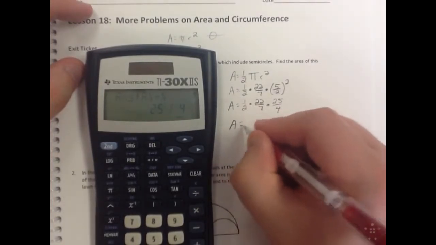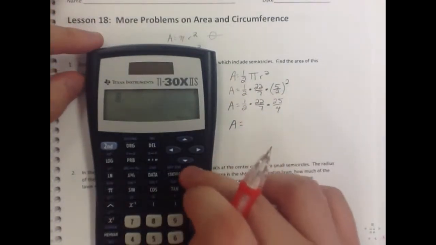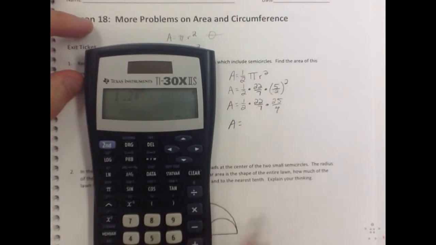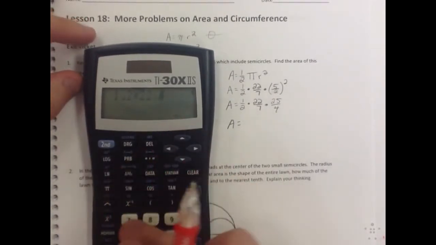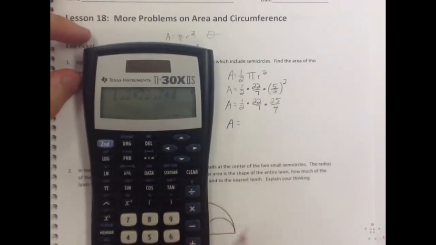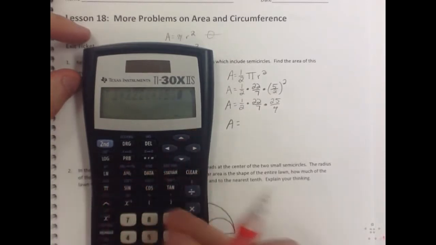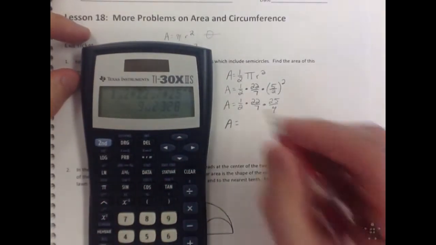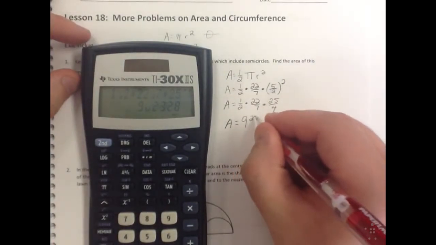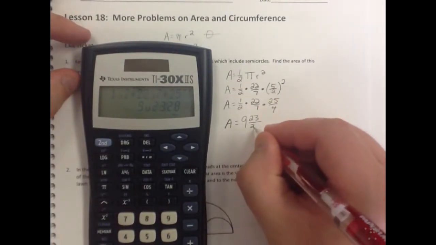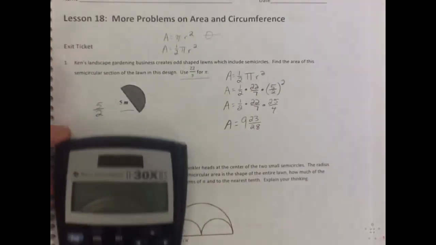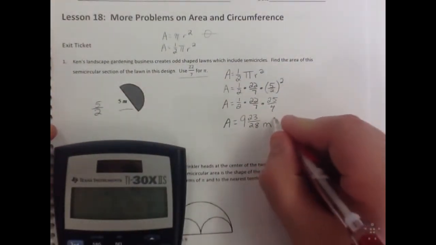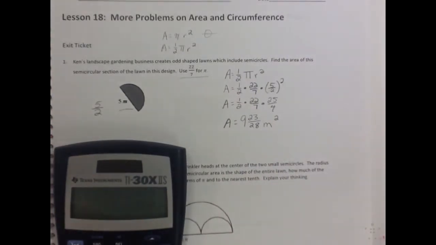A equals, and now I just multiply those fractions together. 1/2 times 22/7 times 25/4 equals 9 and 23/28. Our unit of measurement is meters, and it's area, so we square it, meters squared.